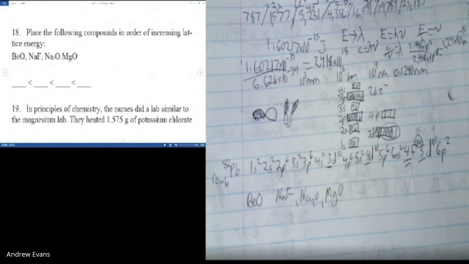The lattice energy is proportional to the size of the charge of each ion divided by the distance. So size and charge. The size never doubles. The size is the minimal effect. But the charge always doubles if the charge changes.